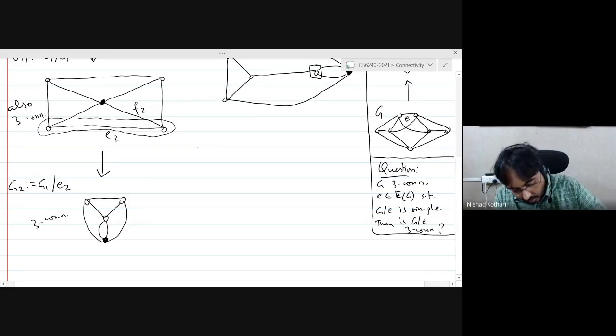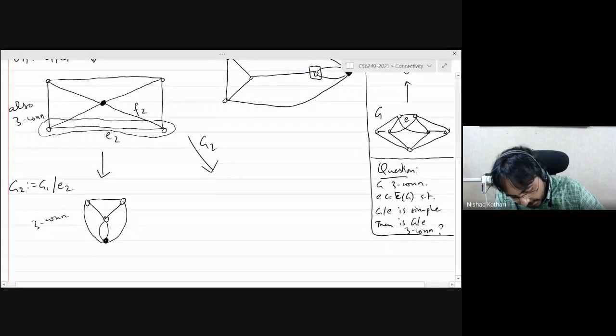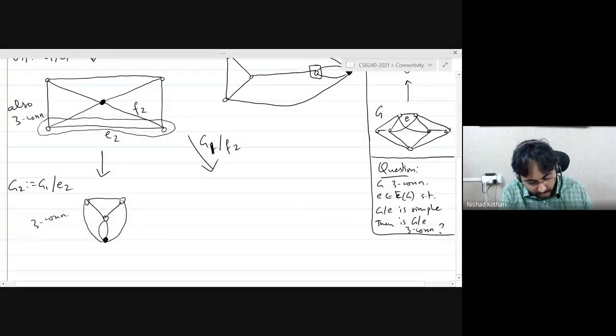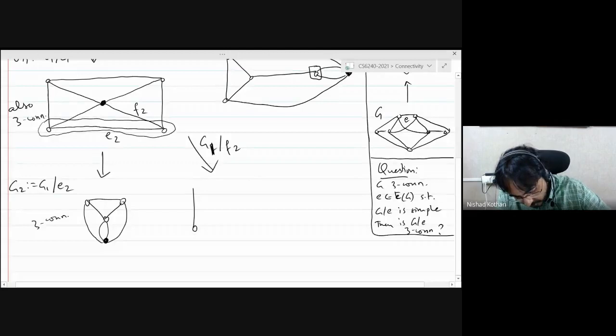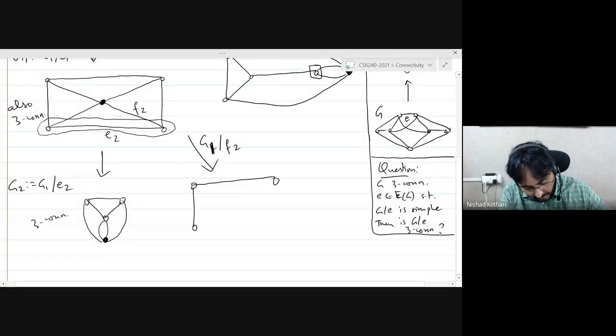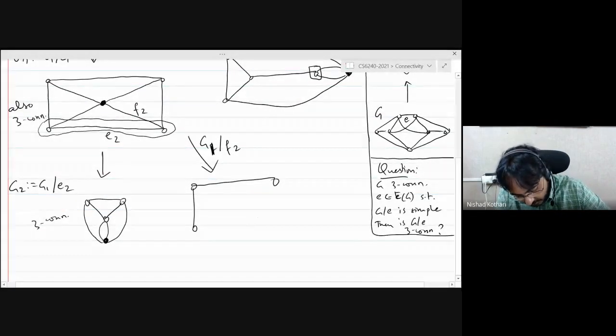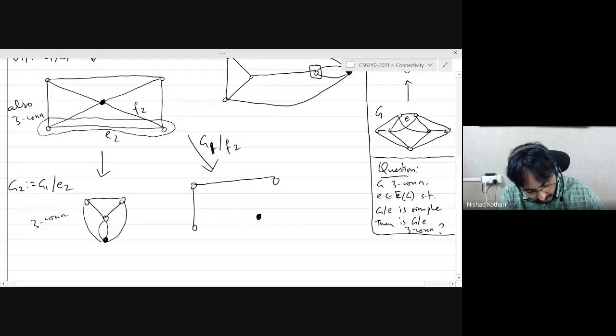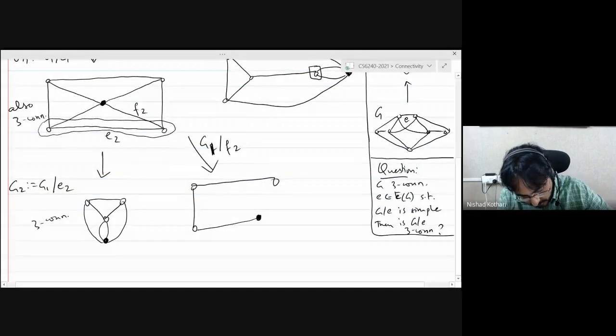Okay, and what happens if I contract F2? G1 contract F2. So I will draw the remaining stuff like this. And then I will identify this into a single vertex. And what are the edges I have? Two edges go like this.